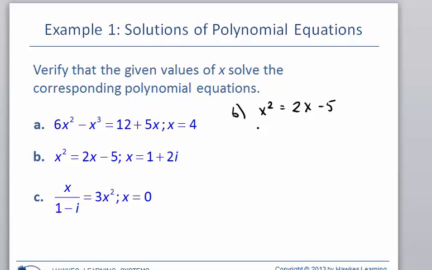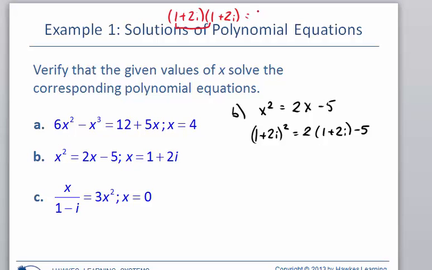I'm going to take 1 plus 2i and plug it in for the x's. So I'll have 1 plus 2i, squared, is equal to 2 times 1 plus 2i minus 5. Again, we'll do our exponents first. You may want to come off to the side somewhere and determine what 1 plus 2i times 1 plus 2i is actually equal to. Remember, that's going to need to be done by the FOIL method.